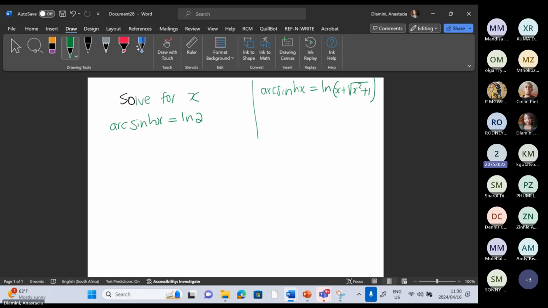The arc sine of x, we are given its function expressed in logarithmic terms. So I will replace the arc sine of x with its logarithmic function. Then on this side, that's where I'm going to use the ln of x plus the square root of x squared plus 1. Why are you doing that?